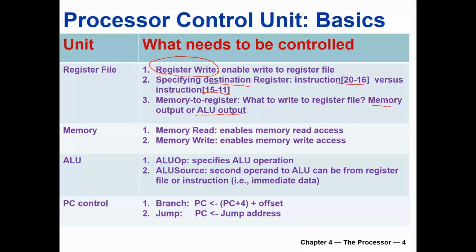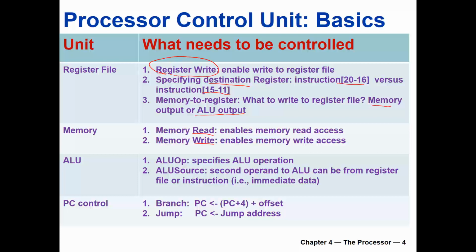Should we write to the destination register from the ALU, like an add instruction, or should we write to the destination register from memory in the case of a load instruction? Also, with memory, sometimes you need to activate read in the case of load. Sometimes you need to activate a write to the memory in the case of a store. So how do we resolve which type of access we need?